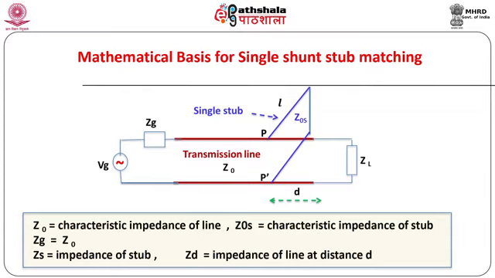A single stub of length L and characteristic impedance Z0s is connected across the points P and P dash in parallel to the transmission line at a distance d from the load. Let Zd be the impedance of the transmission line at a distance d from the load and Zs the impedance of the stub.